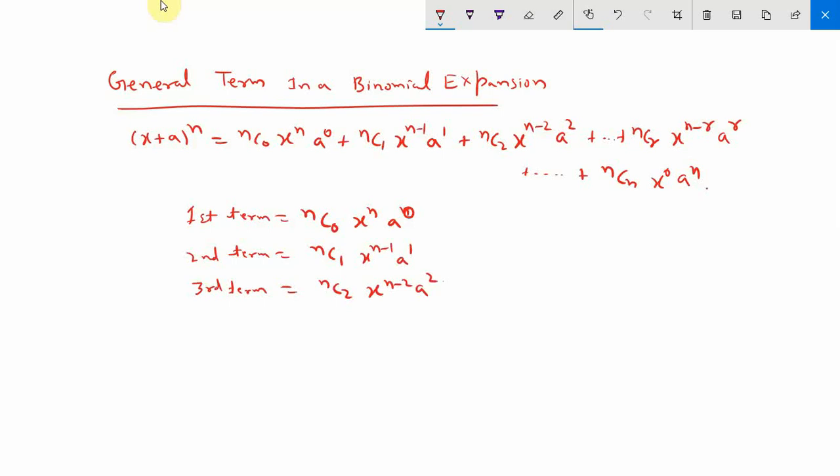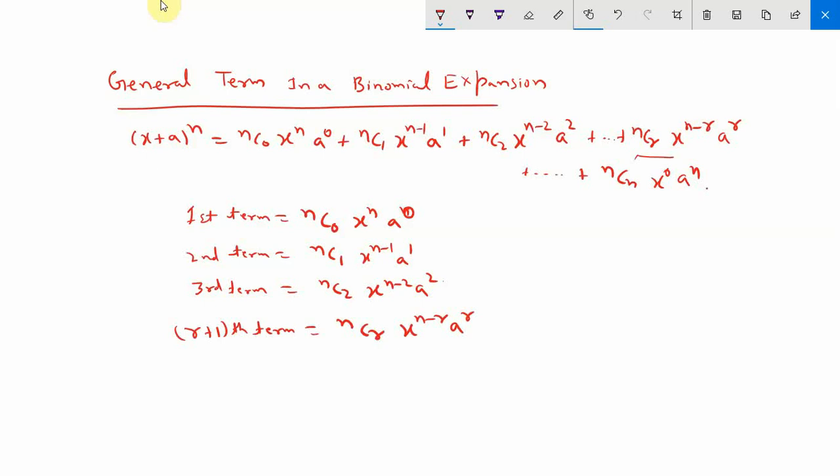So for the (r plus 1)th term, see, this is your (r plus 1)th term, equal to ncr x to the power n minus r into a to the power r.